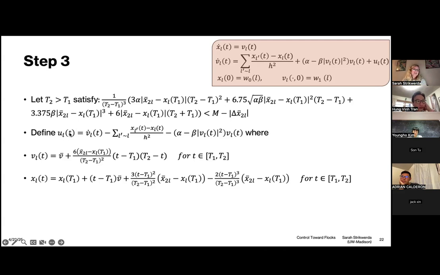And then we'll define our UL similarly as we just want the system to be satisfied. And our VL is going to be now this V bar times this expression here. And so basically we are starting at just having the velocity being v bar, but we're going to leave that a little bit so that we can allow the different terms to move around to get to the new configuration.